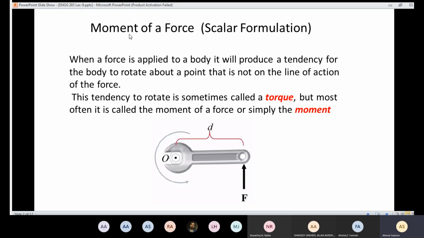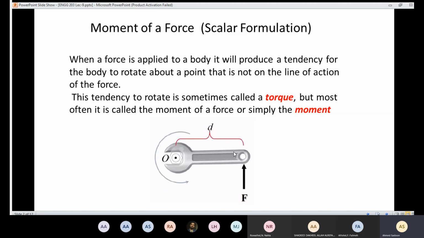When a force is applied to a body, it will produce a tendency for the body to rotate about that point. And we have a condition: the point is not on the line of action of the force. If I draw the line of action here, it's not acting on the rotation point. If the force was here, in that direction, then the line of action is going to pass through the point of rotation, and as a result we are not going to have a rotation.